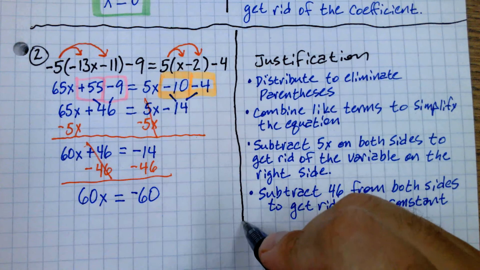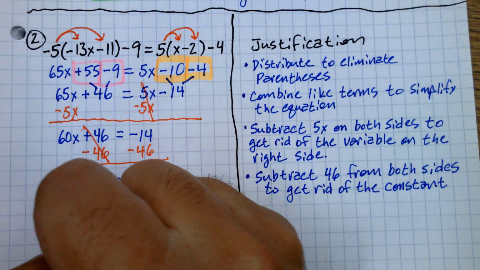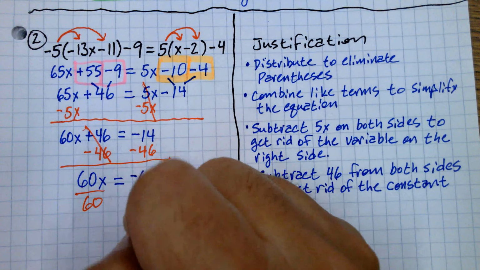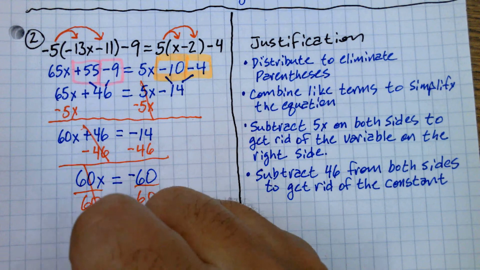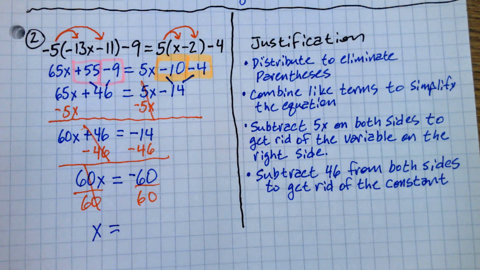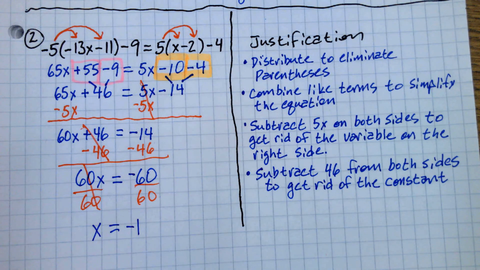And we're almost there. Divide by 60. That would be x equals negative 60 divided by 60, negative 1. Negative 1 will be our answer.